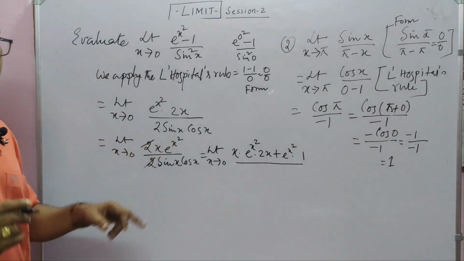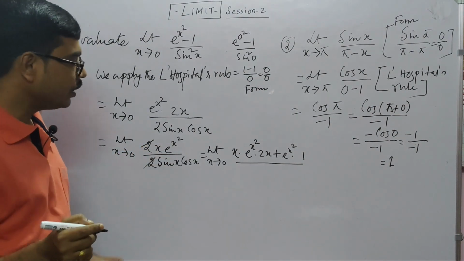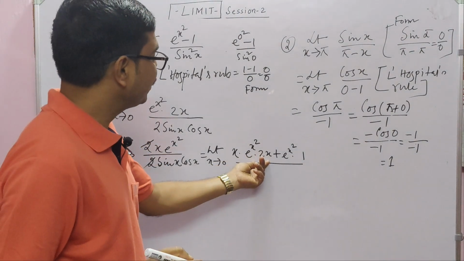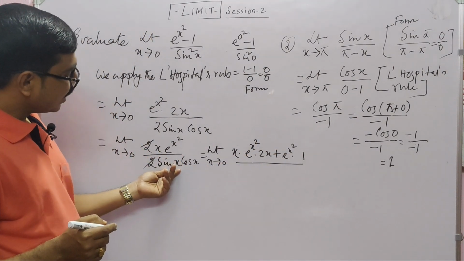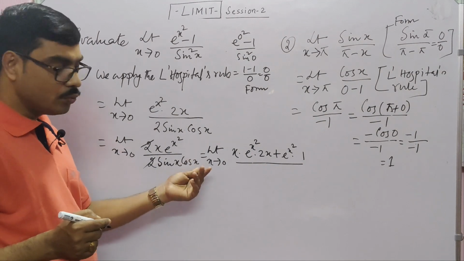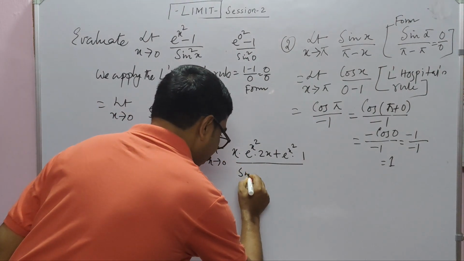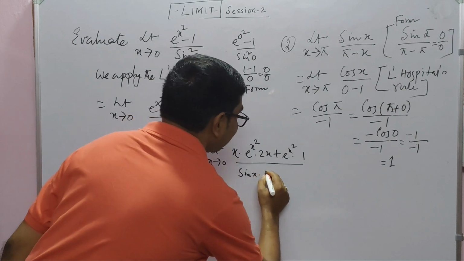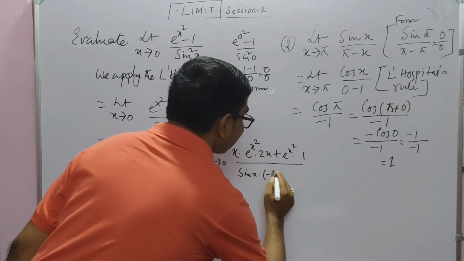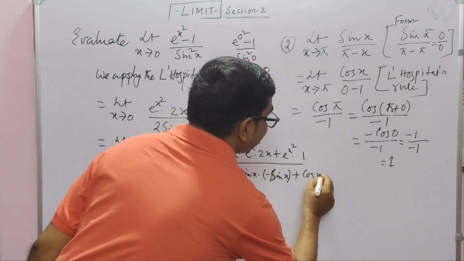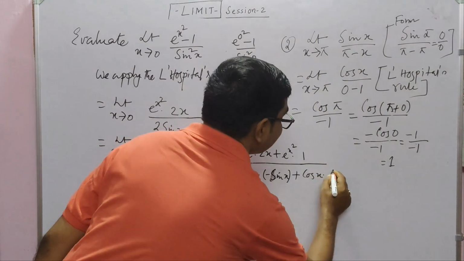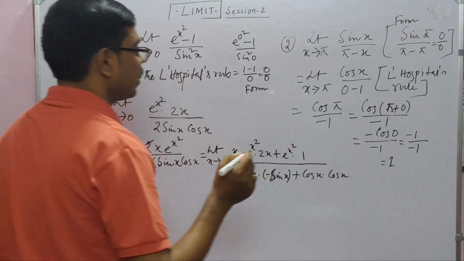uv, that is d by dx of uv equals u times the derivative of v plus v times the derivative of u. Below, in the same way, sin x into cos x, uv: sin x constant, cos x derivative minus sin x, plus cos x constant, sin x derivative cos x.